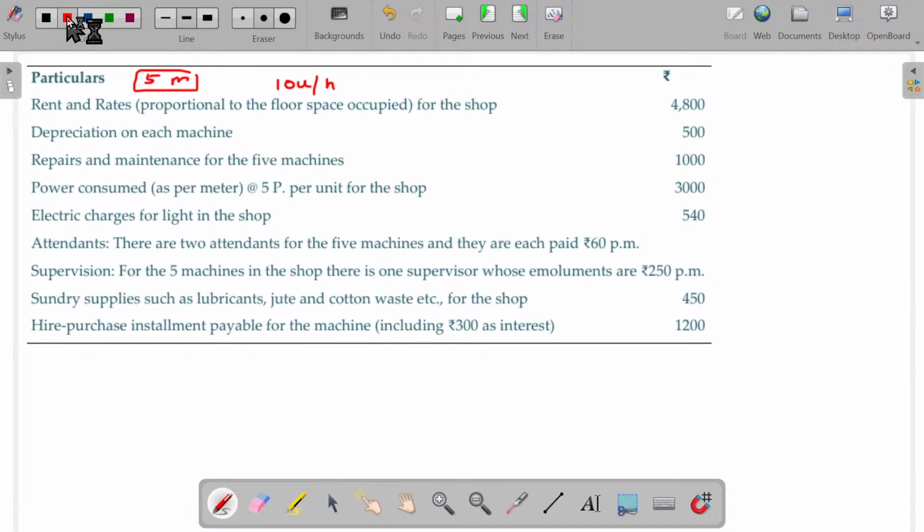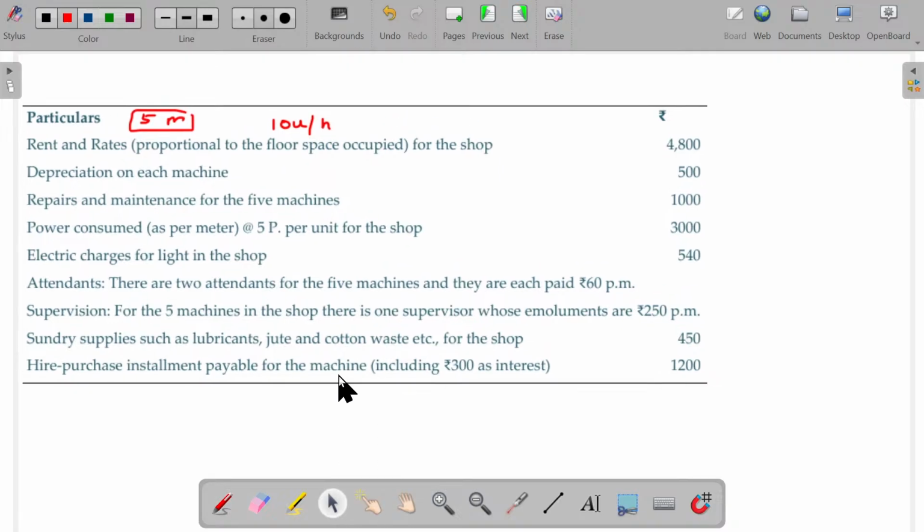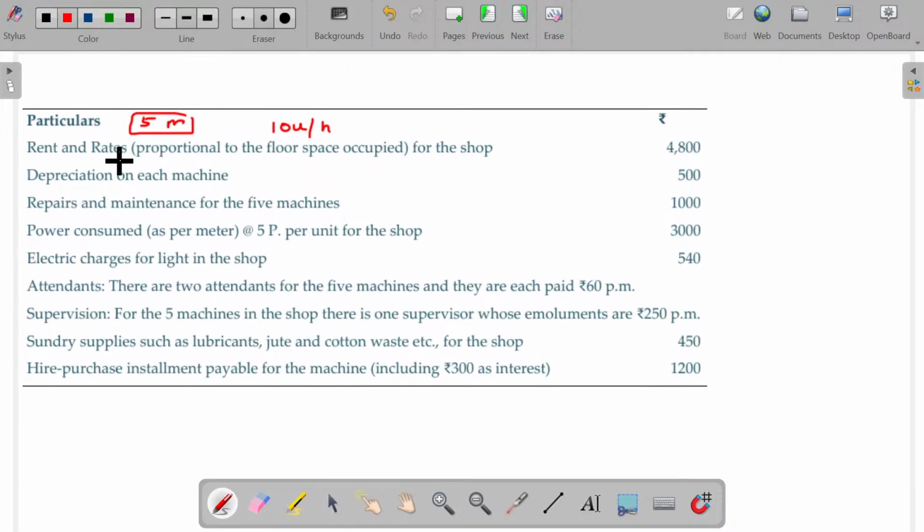Now tell me, rent and rates proportional to the floor space occupied for the shop, for how many machines? 5 machines. And calculate per machine: 1/5 of this will be the cost, 960.